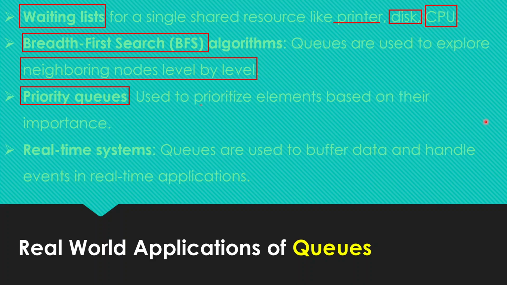So for example, I've told you in networking, we might have packets that have different priorities, and therefore those that have a higher priority are going to be processed faster. They're also used in real-time systems, especially in buffering the data so that it can handle data one after the other.